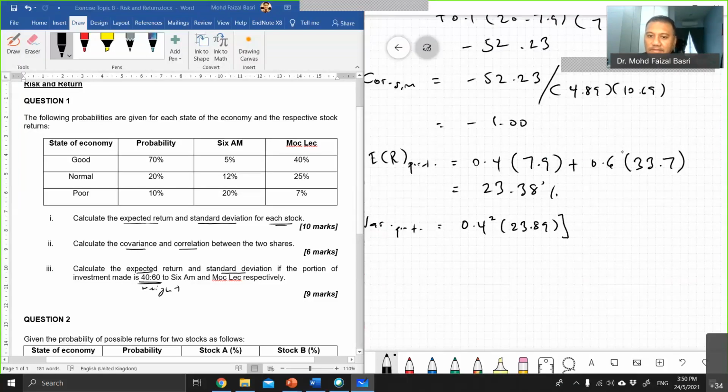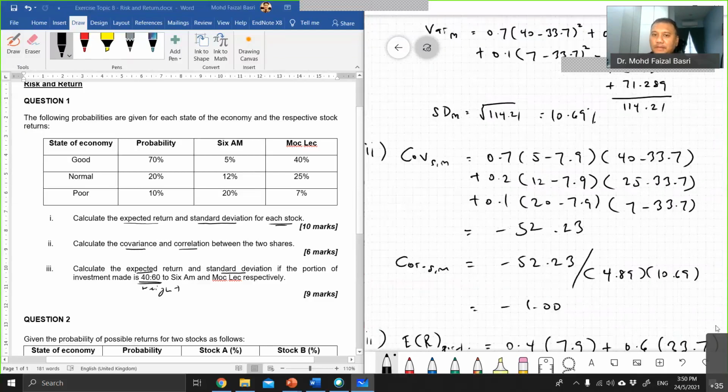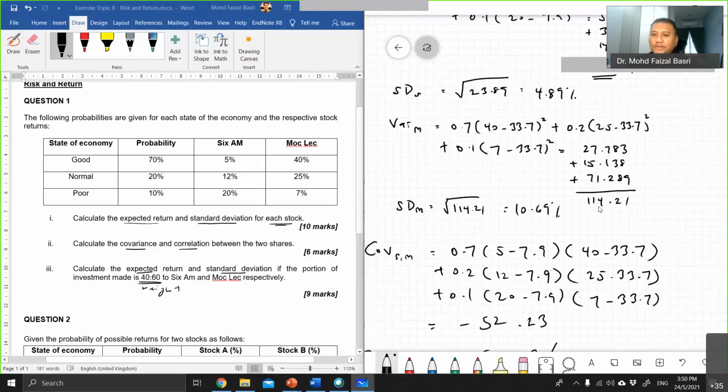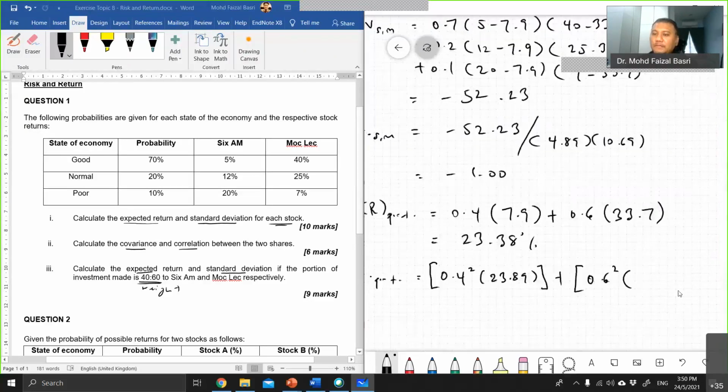This is my first section: weight A squared times the variance of stock A. Plus the second section, which is weight B, 0.6 squared, multiplied with the variance for stock B. The variance of stock B was 114.21.